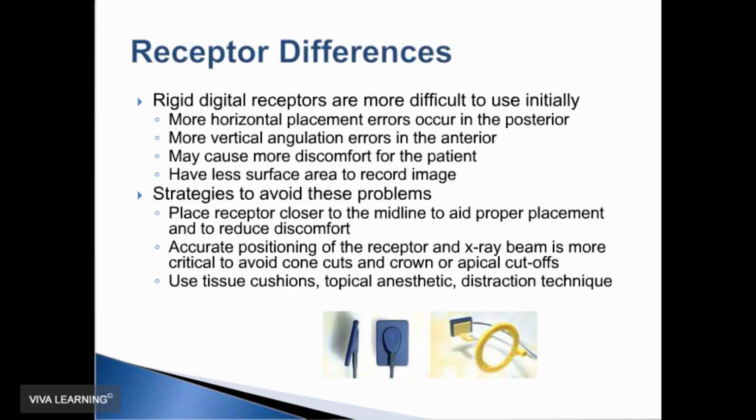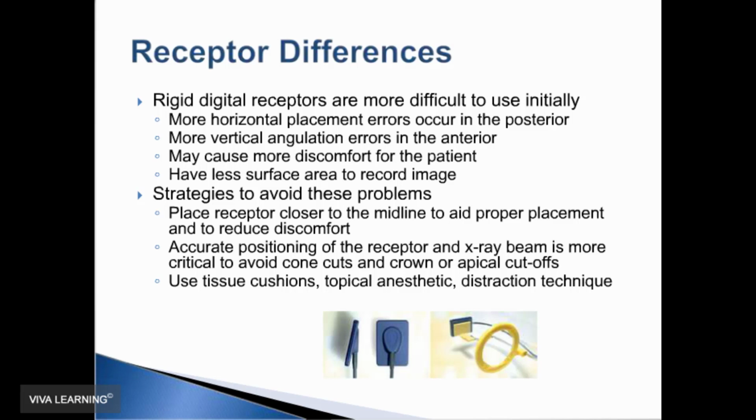The observations documented in the literature are that there are more horizontal placement errors, meaning that on periapicals as well as bitewings, the contacts are overlapped. Typically in the anterior, it's commonly reported that the crowns and incisal edges of the teeth are cut off and the image is foreshortened.